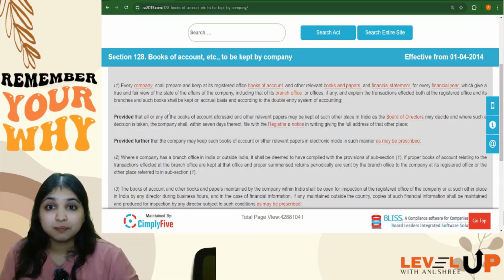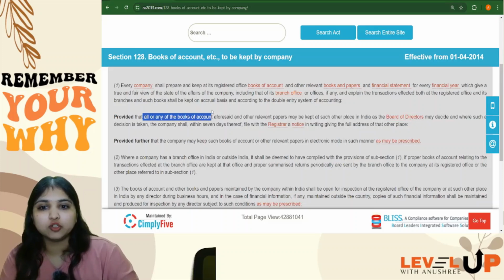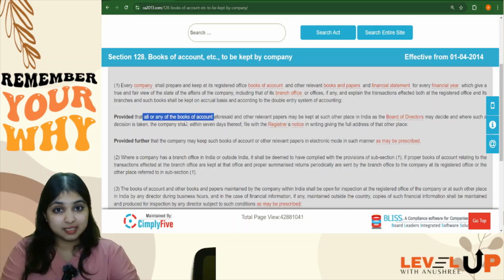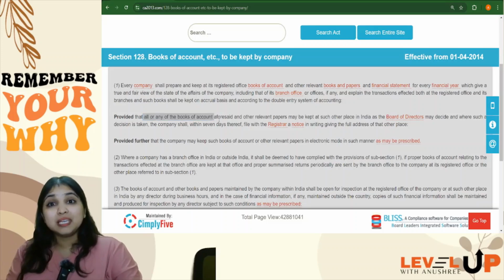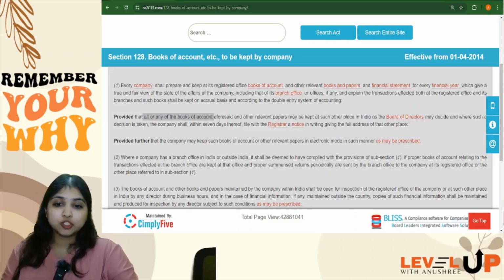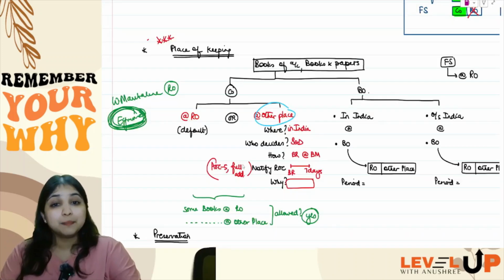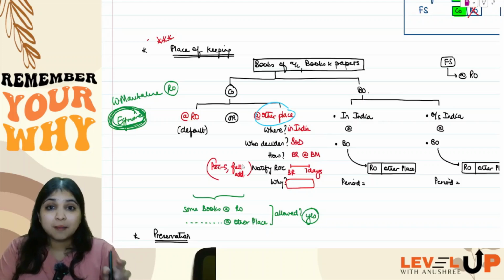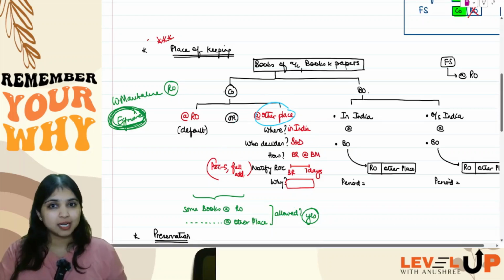The main point over here is all or any of the books of accounts. So yes, there is a possibility that we can keep some years' books of accounts in the registered office, and some years' books in some other place in India, because the Companies Act is letting me keep all or any of the books of accounts in some other place in India.